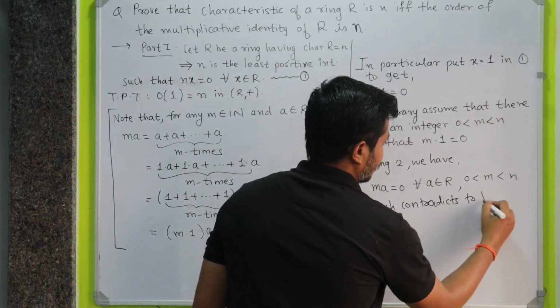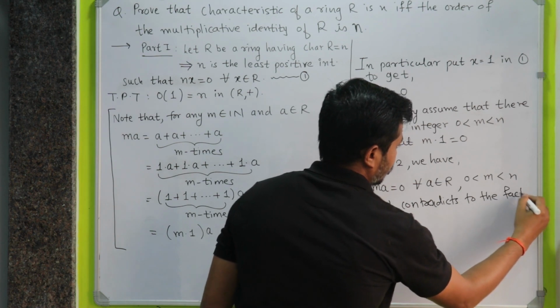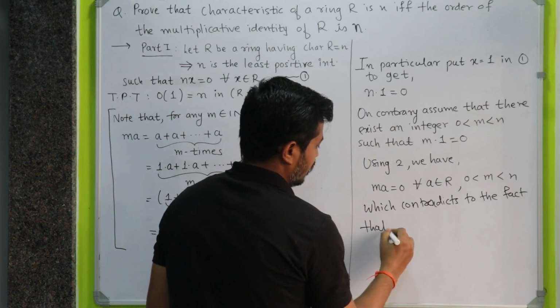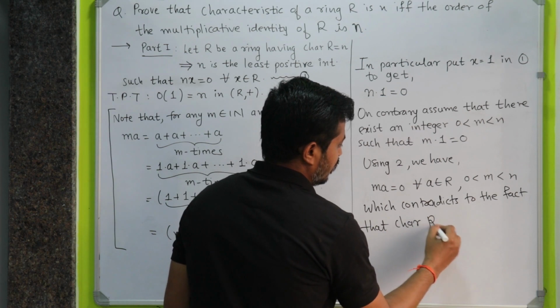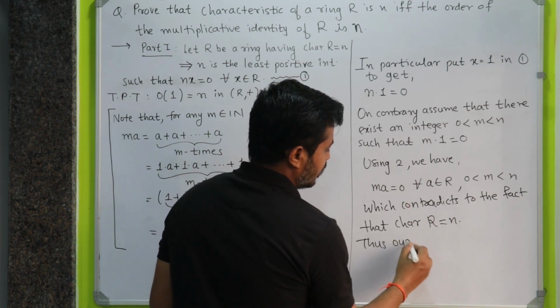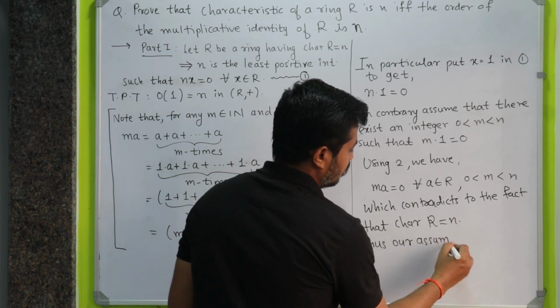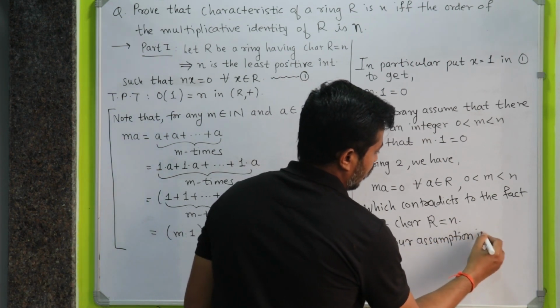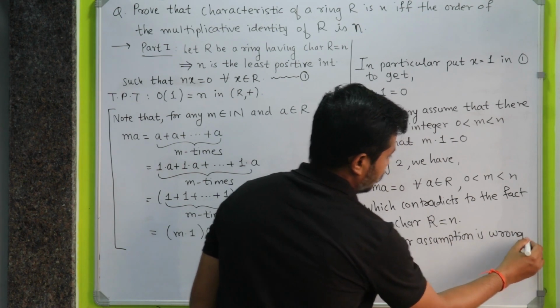So what we'll say here, which contradicts the fact that the characteristic of R is equal to n. Thus, our assumption is wrong. So what should be right?